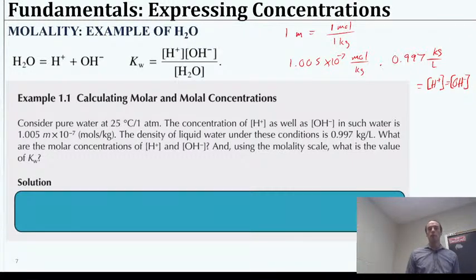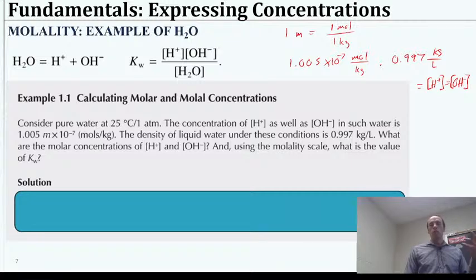This is the way to get there, just that units analysis. So whatever the answer to that is, which should be pretty close to 1.005, just slightly under, so 1.003 or something, times 10 to the minus 7, should be moles per liter, and that should be equal to the H plus and the OH minus. Of course, this would mean we're at exactly neutral pH.